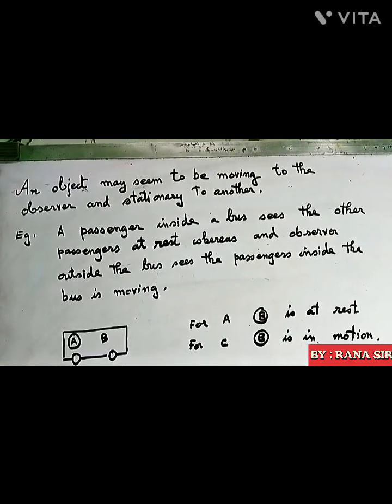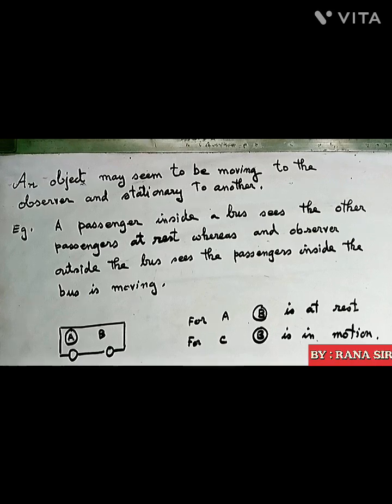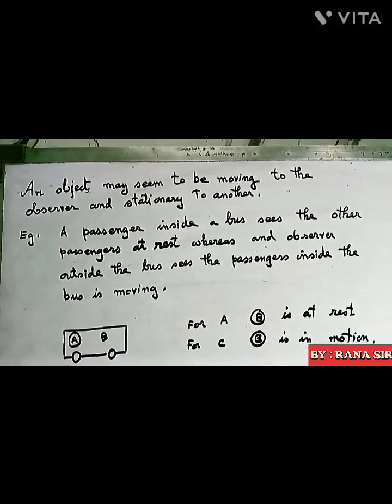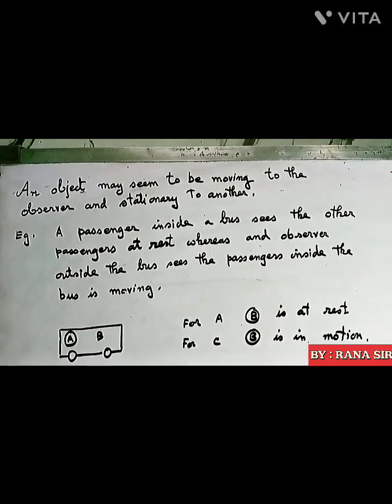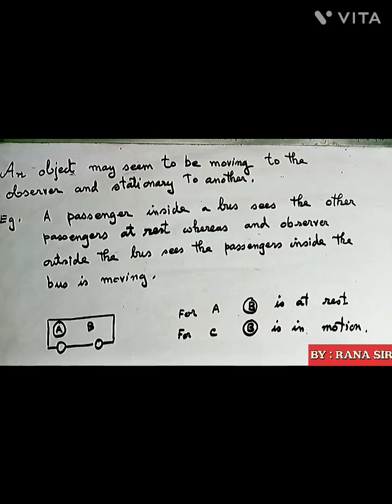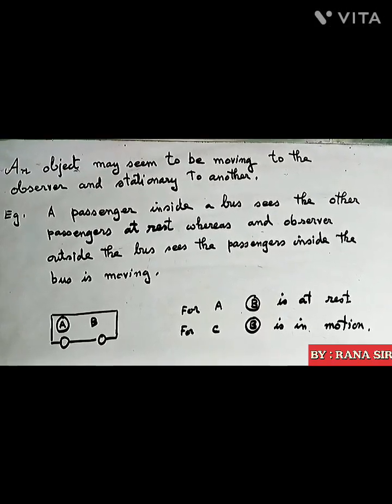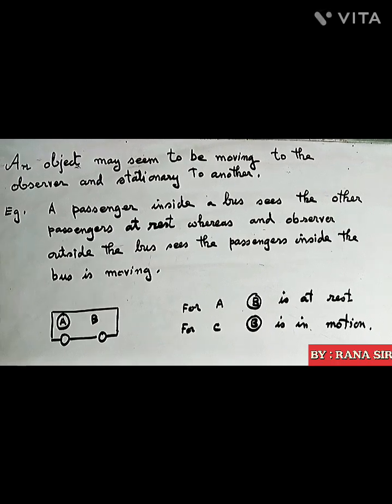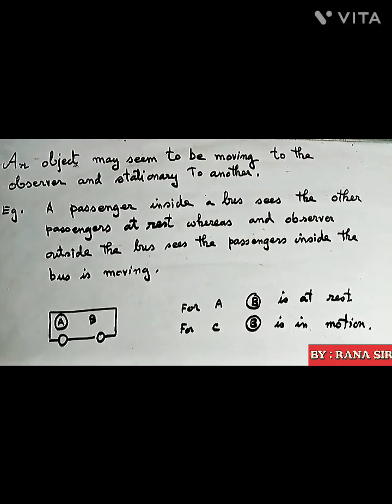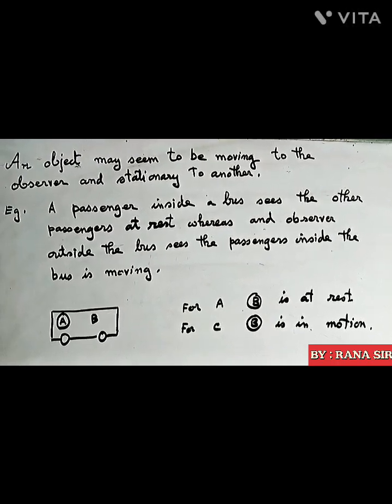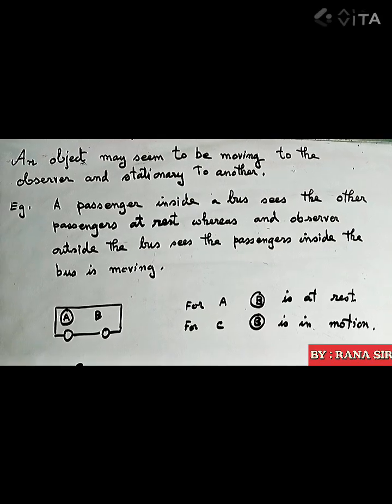An object may seem to be moving to one observer and stationary to another. Let us understand with the help of an example. A passenger inside a bus sees the other passenger at rest, whereas an observer outside the bus sees the passenger inside the bus moving.